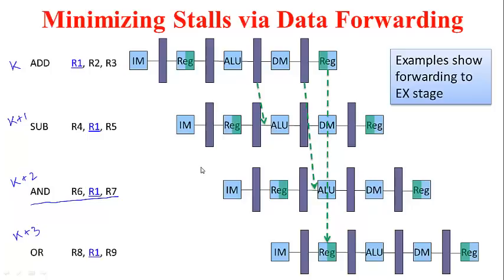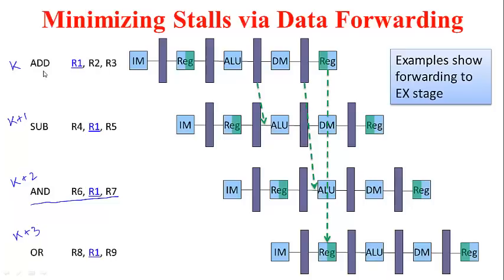Although in the usual mode of execution, the value is read in the second stage, we actually need it only in its third stage. And then we realize that the data which is required for doing this AND operation is already available. It is available somewhere. It is yet to be written to the register file, but it is indeed available.